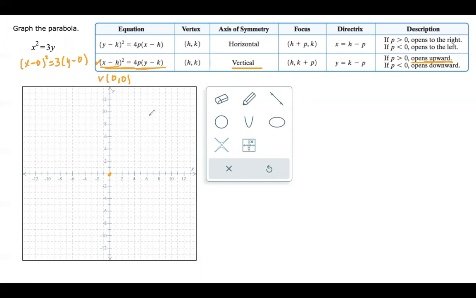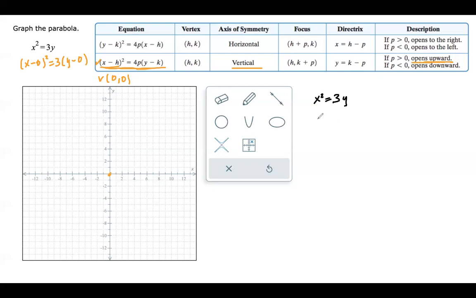Now, if we know the vertex, we want to know another point on the parabola to have an idea. Right now we're doing a very high-level and general sketch. So if I have that x squared is equal to 3 times y, I'm going to solve for y.